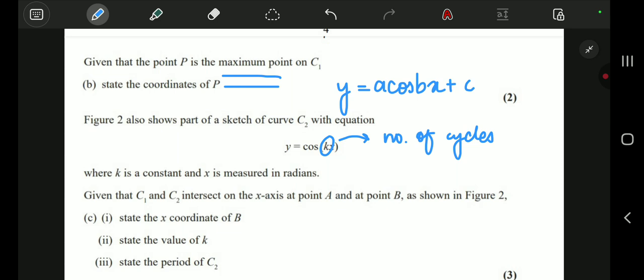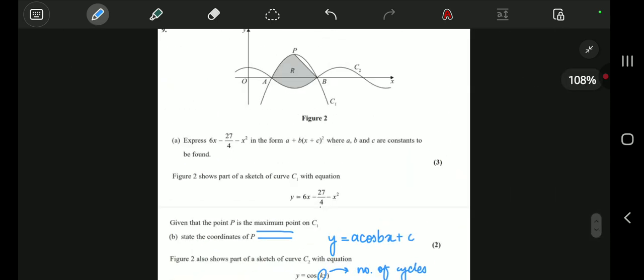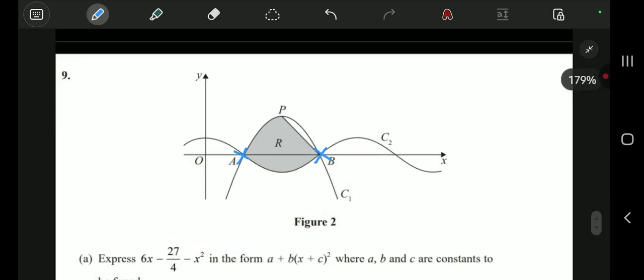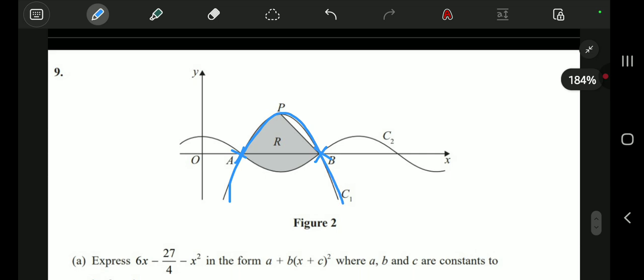Given that c1 and c2 intersect on the x-axis at points A and B, state the coordinates of B. Both the curves meet the coordinate axis at A and B, so we need to find the coordinates of B. Let's first take this curve.